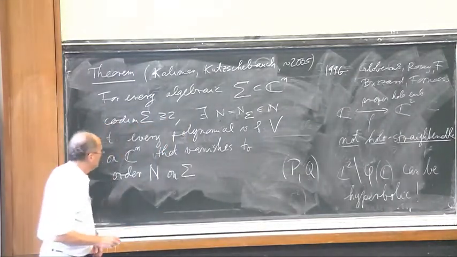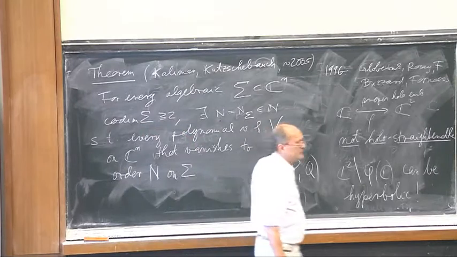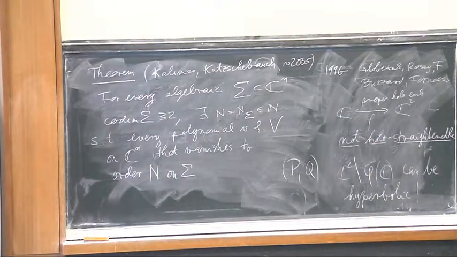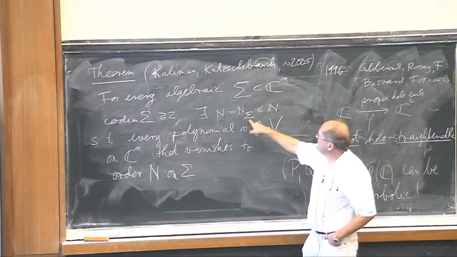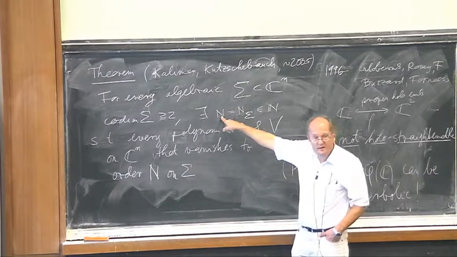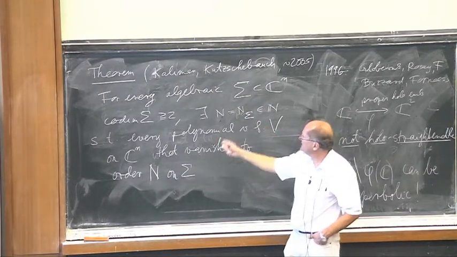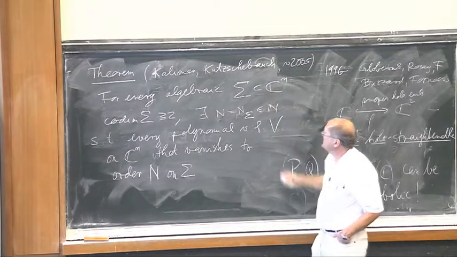And this means coefficient-wise. If you look at the coefficients of this guy, they are polynomials, and you are just saying that these polynomials are in the ideal of sigma, but to the power n. So each coefficient vanishes to order n, at least on the subvariety.